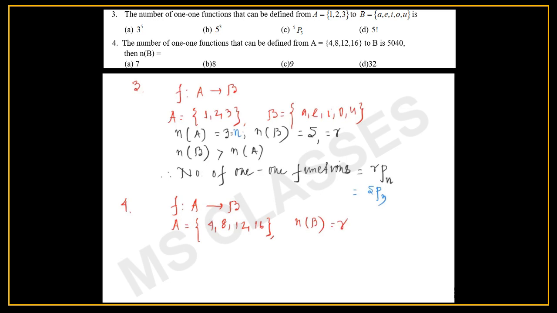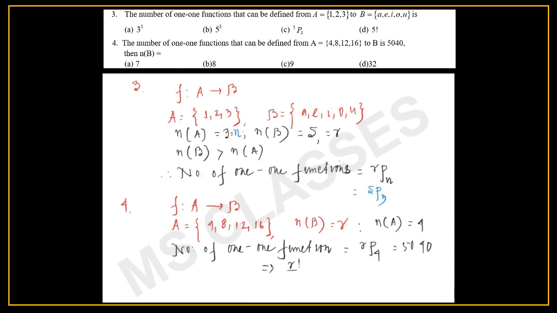So now we write: number of 1-1 functions is equal to RP4. Why P4? Because here n(A) is equal to 4. And that is equal to 5040, given. Now, if you simplify this, what we get?